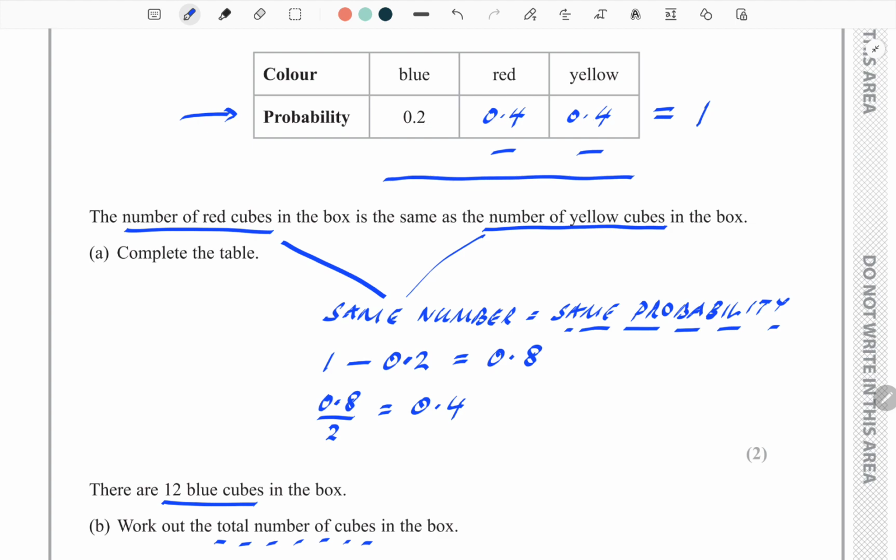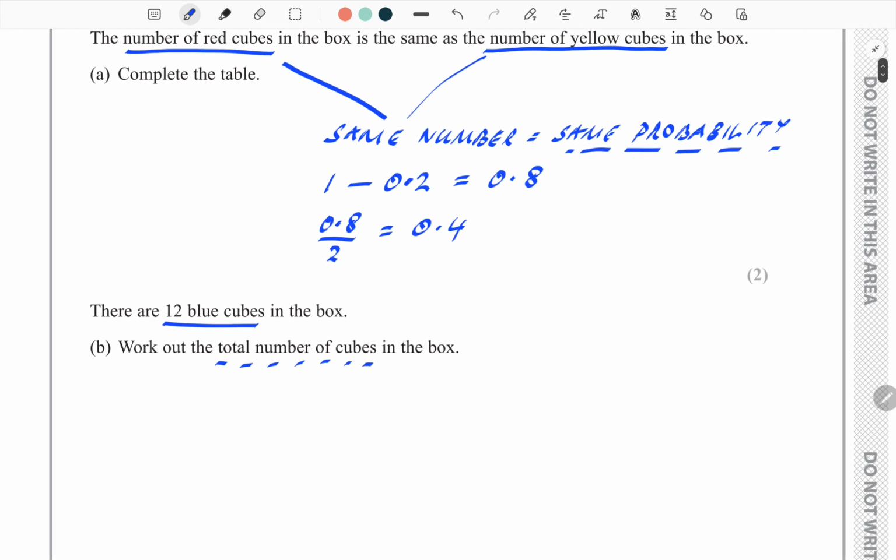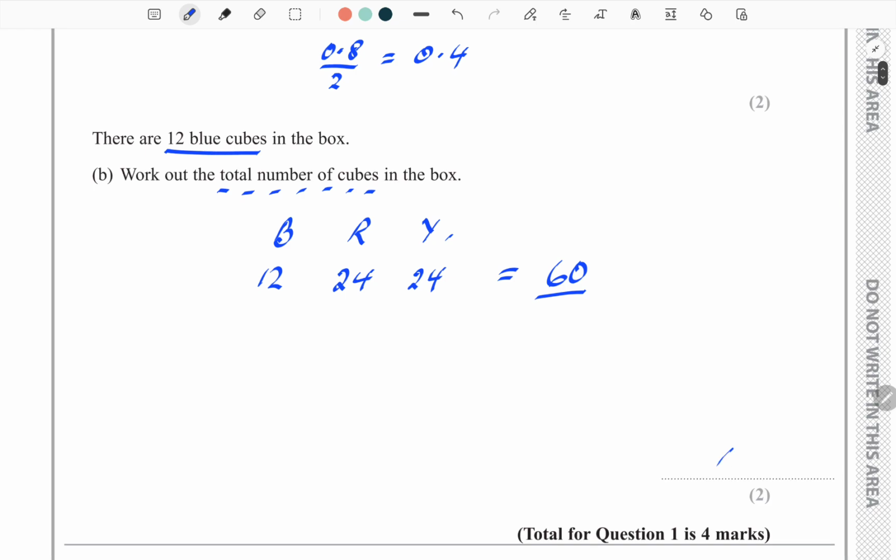Same with the yellow, must be double the blue number. So if blue is 12, red must be 24, and yellow must be 24. And so when you total those up, you've got 60 altogether. So the total there, 60 cubes in the box.